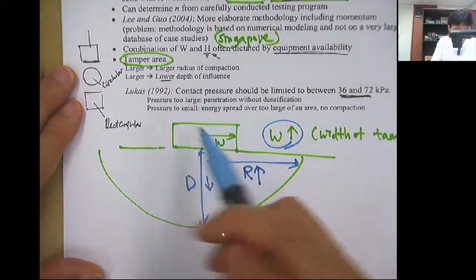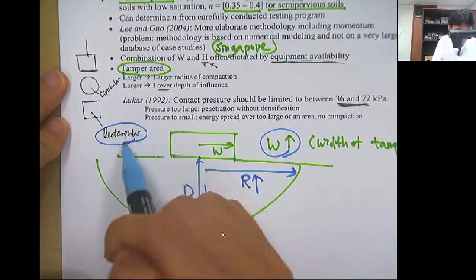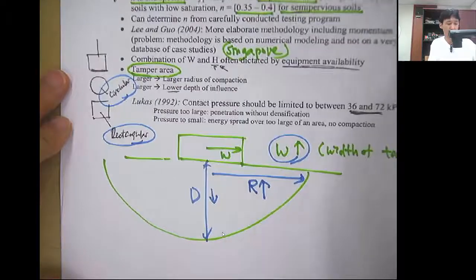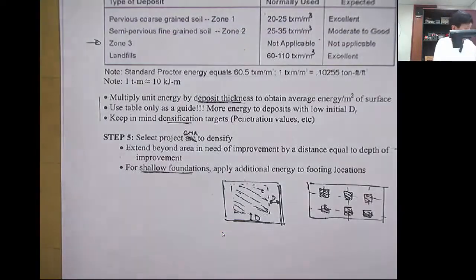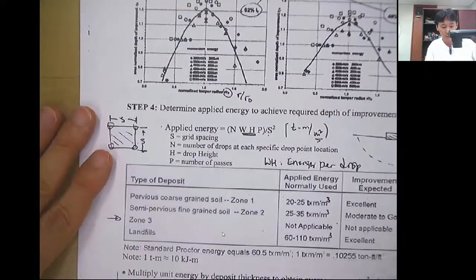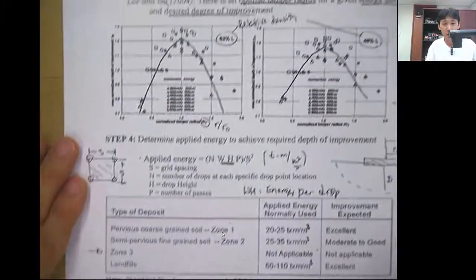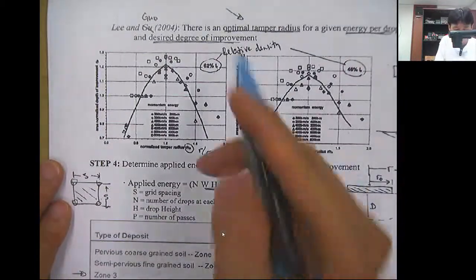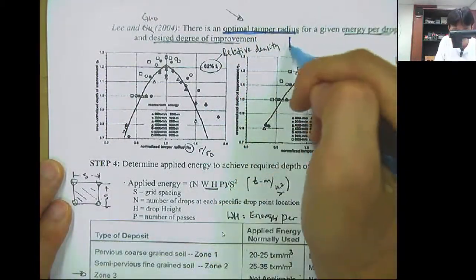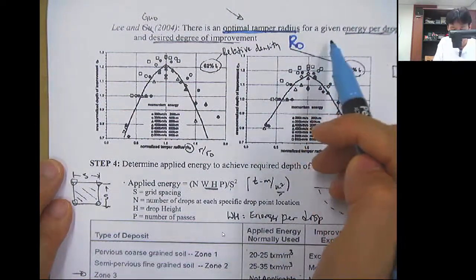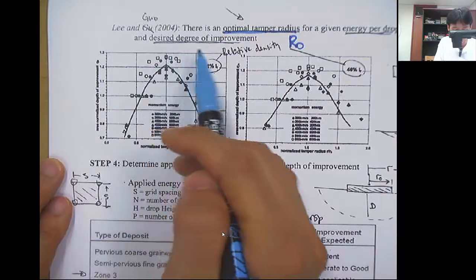And this temper can have different shapes, like rectangular or circular. So there is an optimal temper radius R naught, for a given energy per drop and the desired degree of improvement.